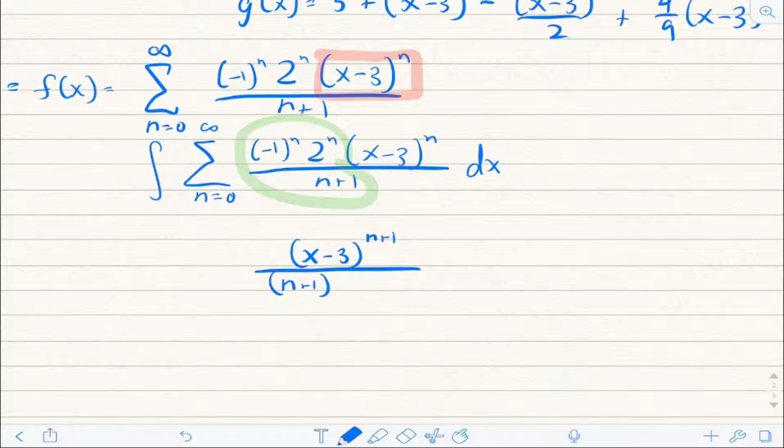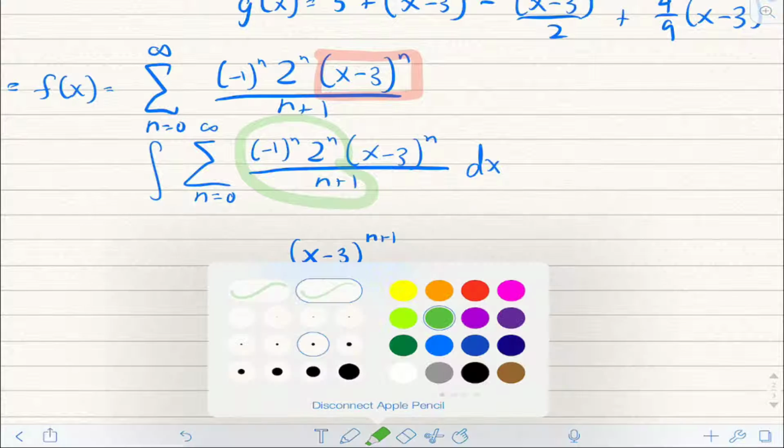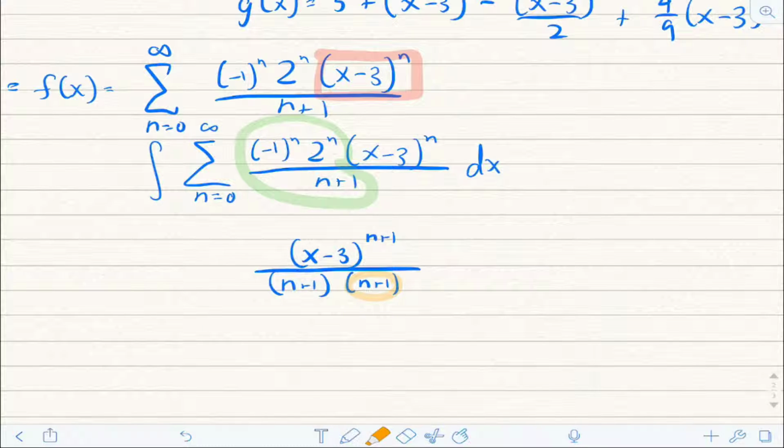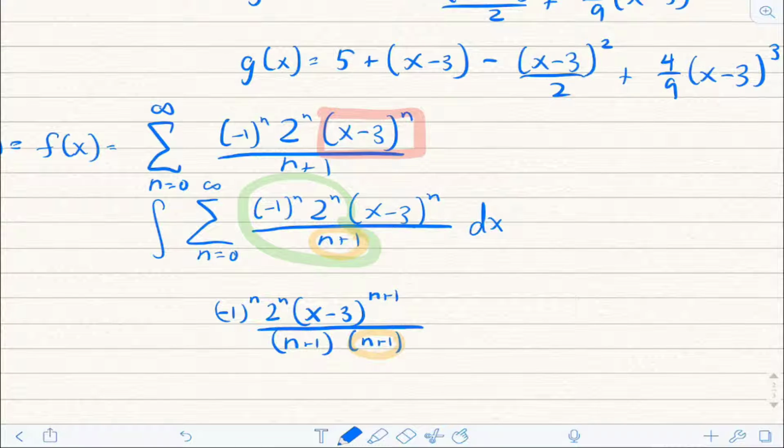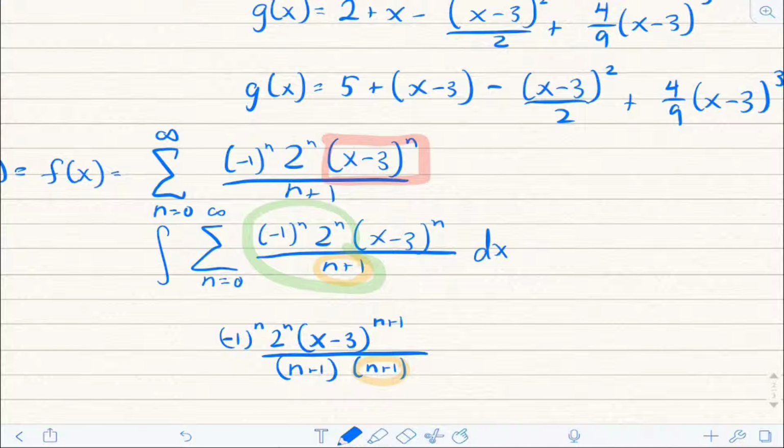Then I'm going to rewrite everything else. So it's going to be another n plus 1, and this n plus 1 matches up with that n plus 1. Then I write the -1 to the n power and then 2 to the n. What you'll see is that this matches up fairly well with the exception of one thing, and that's the 5.